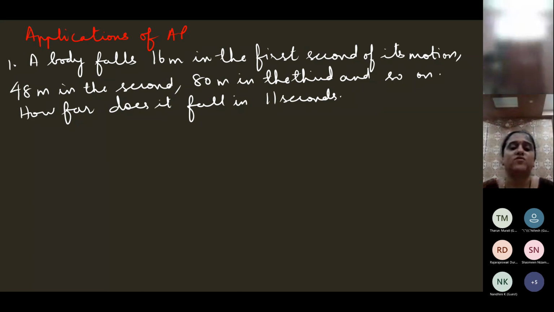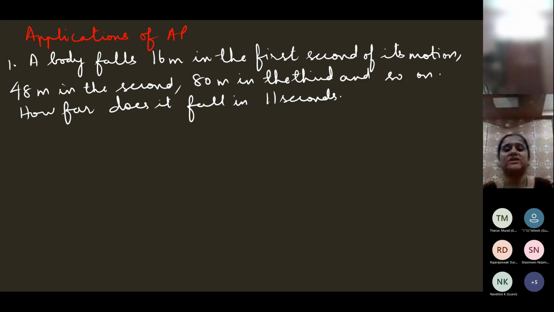How far does it fall in 11 seconds is your question. Think and do it. I'll give you a clue, children. Here you can find only two things: either it should be A11 or S11. Either it is the 11th term or it is the sum to 11 terms.